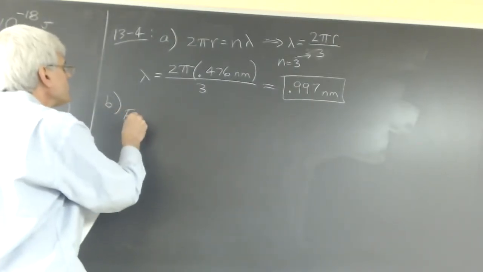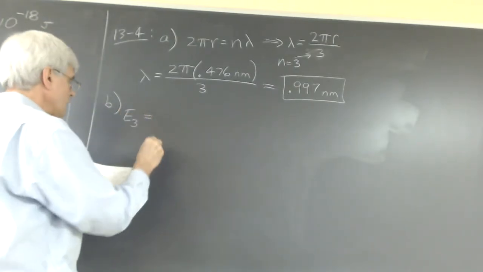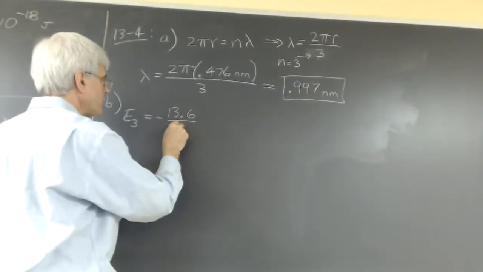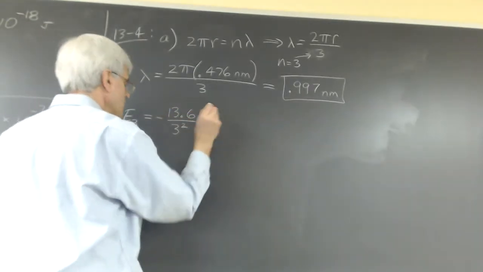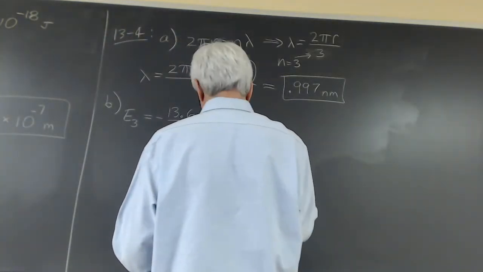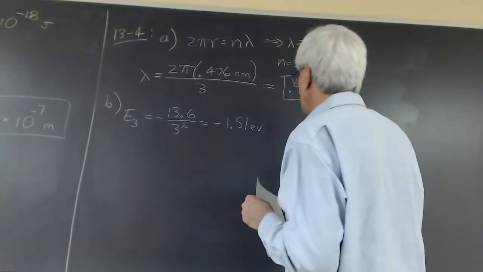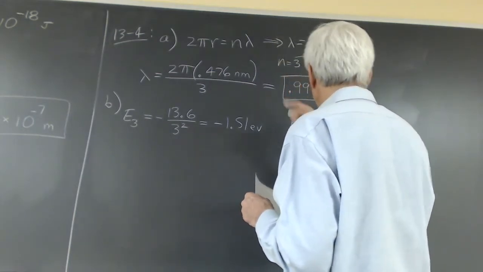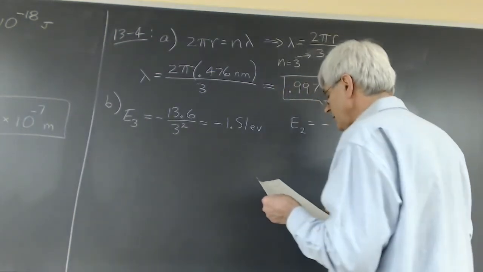So the energy of the third level, 13.6 over 3 squared, is 1.51. And the energy of the second level is something I already did when I was doing the other example.